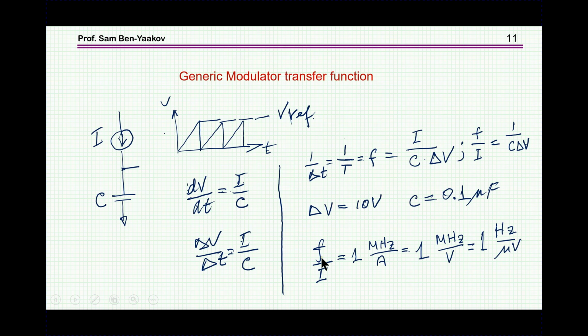Now let's have a look at the relationship between the excitation and the frequency.